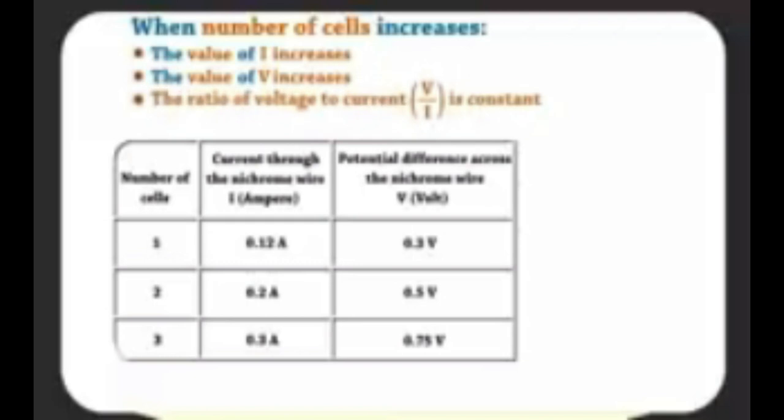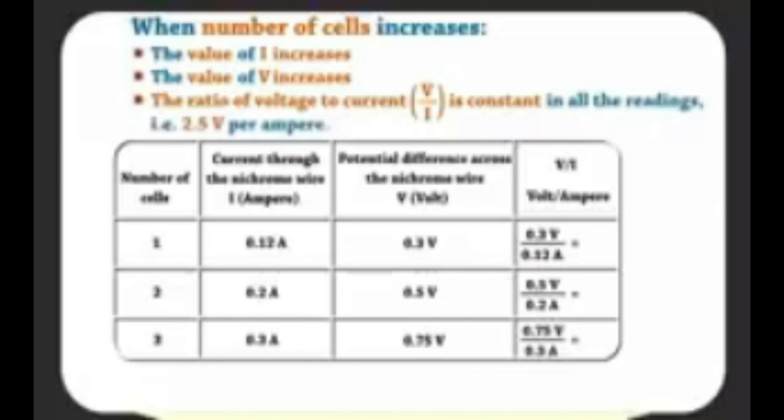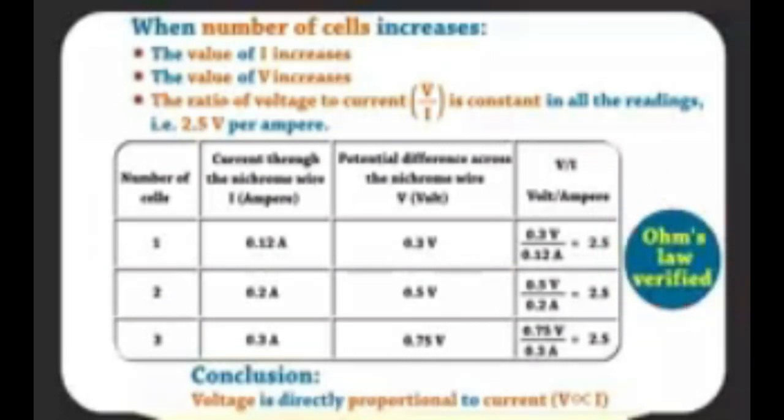Here we are taking the nichrome wire as the conductor. It is in terms of volt. And the fourth column is for the ratio of voltage to current, that is V by I. That remains constant throughout. So we can conclude that the voltage is directly proportional to the current. That is, with an increase in one physical quantity, there is an increase in the other physical quantity, and vice versa. In this way, Ohm's law is verified. Okay, so Ohm's law is verified.